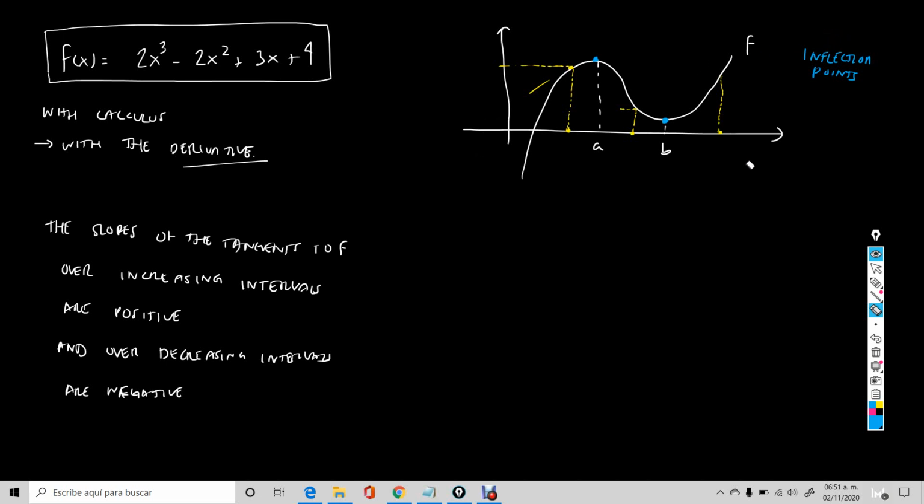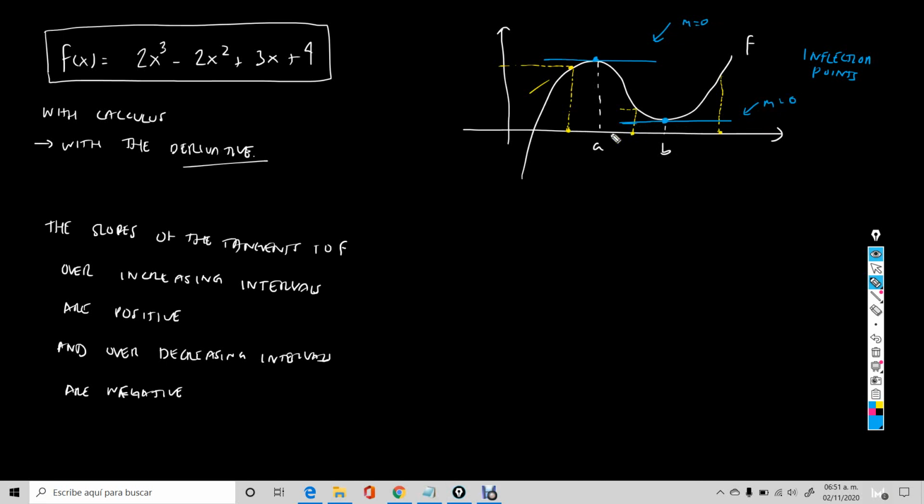the function changes behavior. Okay, so basically, what happens at those 2 points with regards to the tangent? If we draw the tangent at those points, what can you observe? What is the slope of these two tangents, guys? What is the slope of a horizontal line? The slope of these is 0, right?